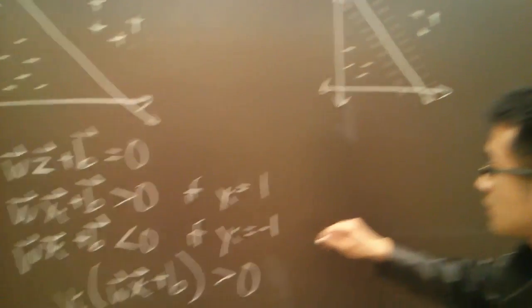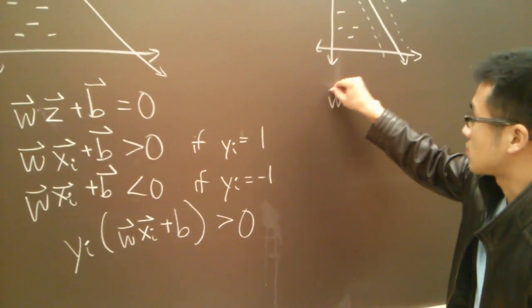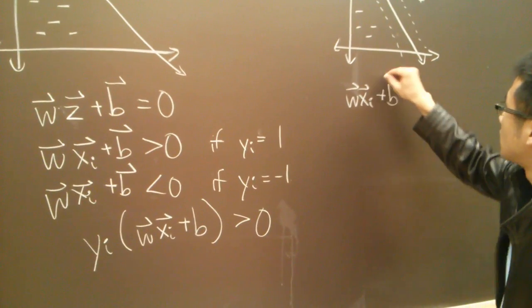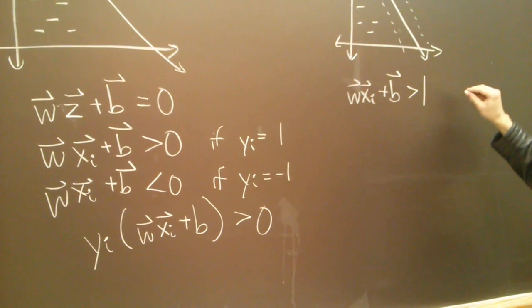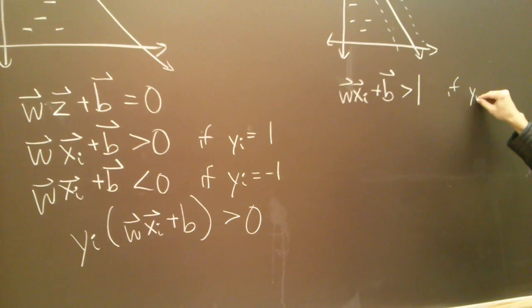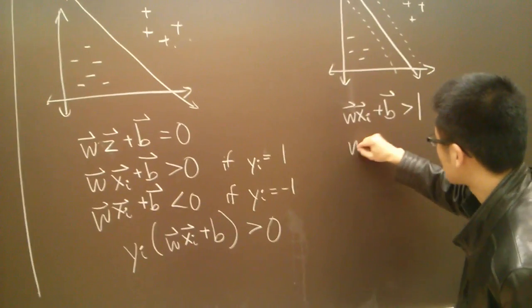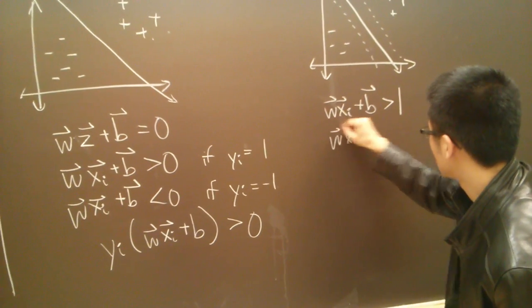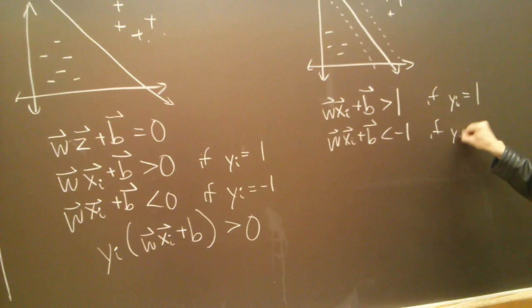So the only difference with the equations here is that instead of having to be greater than 0, it has to be greater than 1 if the label for the sample is positive. And similarly, this equation will evaluate to be less than -1 if the label is negative.